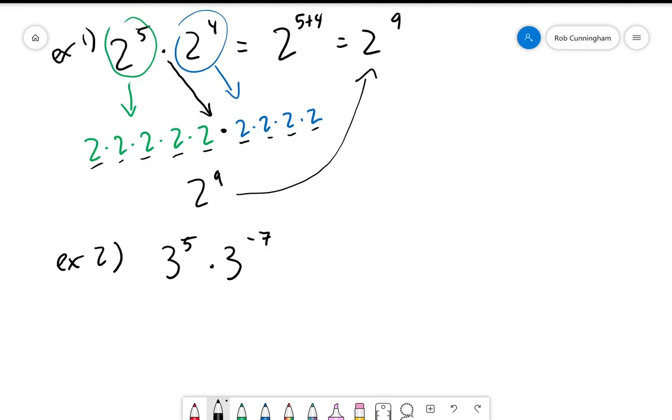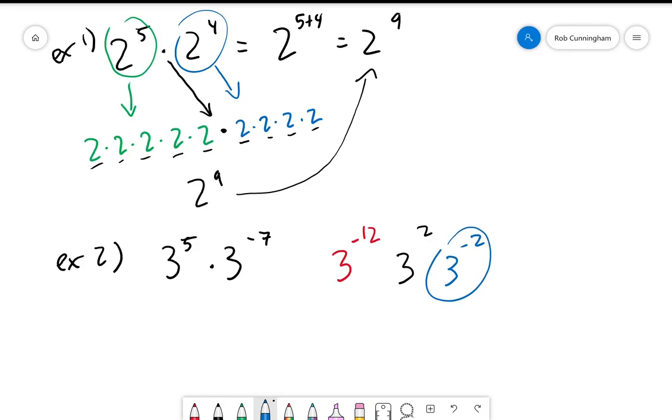Now, positive and negative numbers are giving a lot of you a hard time. You will want to brush up on your arithmetic skills because for this number here, I've seen responses anywhere from 3 to the negative 12th, I've seen 3 to the 2, I've seen 3 to the negative 2, which happens to be the correct answer.